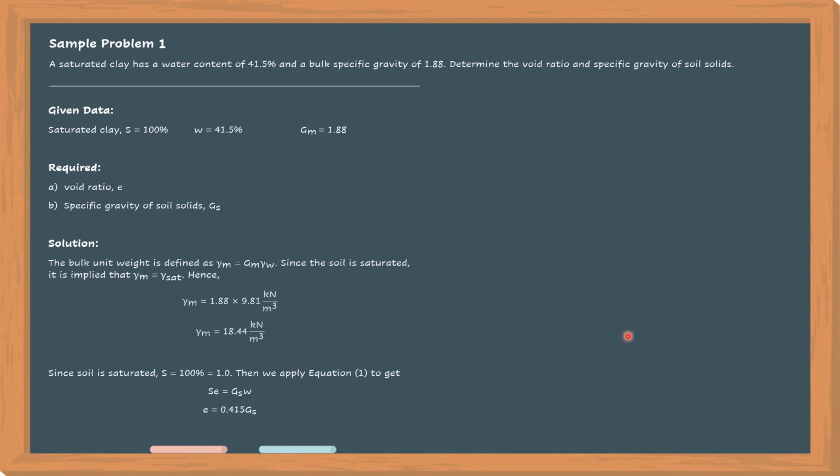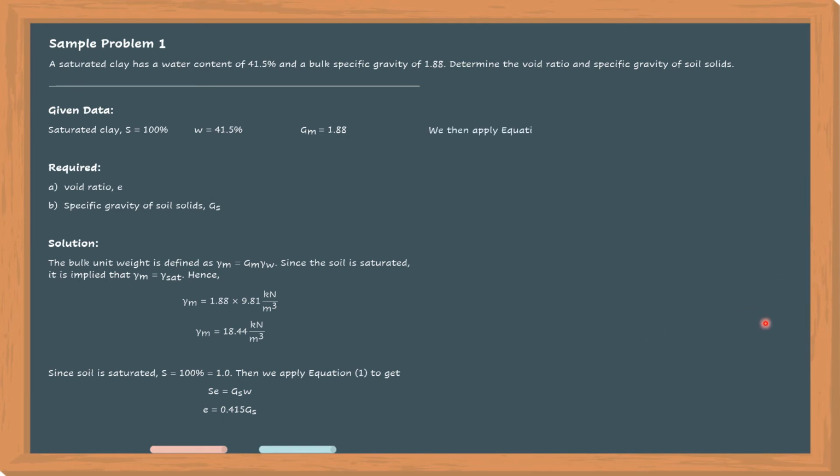So substituting known values, S is equal to 1, G sub S is unknown, and W or the moisture content is equal to 41.5%. So we have an equation for the void ratio which is equal to 0.415 times G sub S.